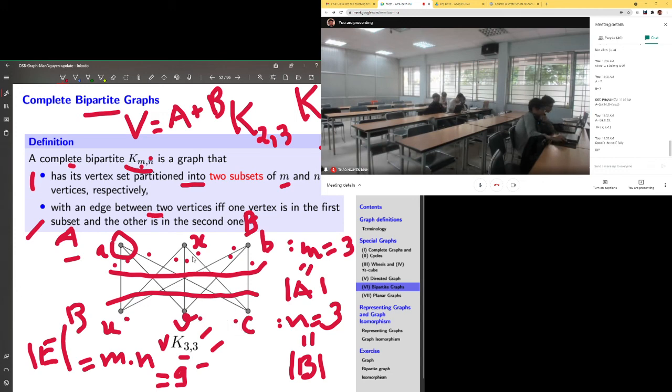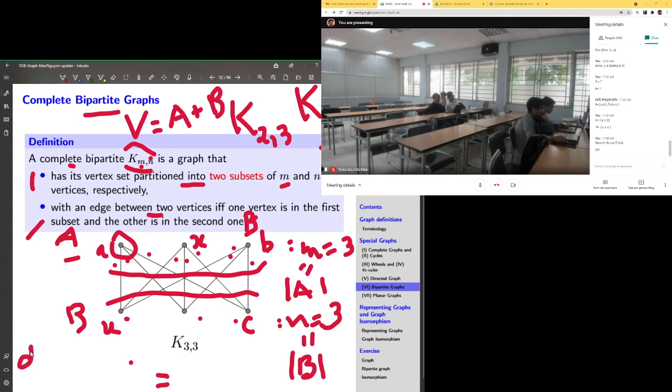Okay, so that means in the complete bipartite, if you follow the general notation like this one, K_m,n, for the second condition here, you can write down the condition here. I write it down in the chat box for you.